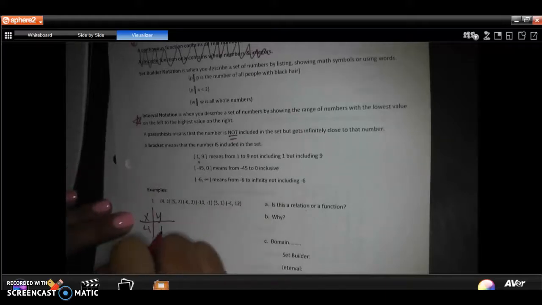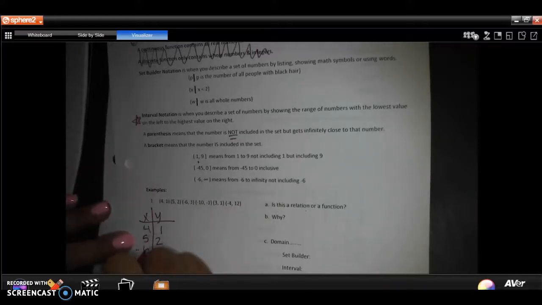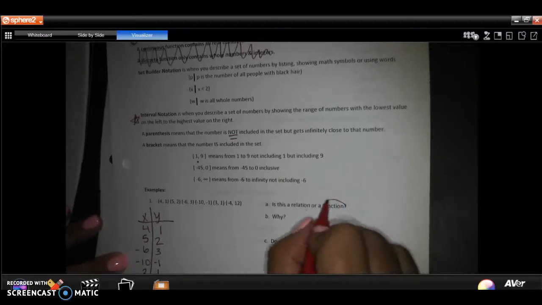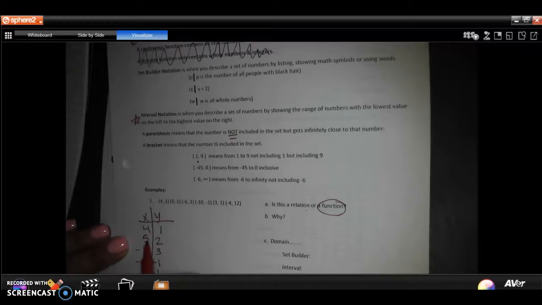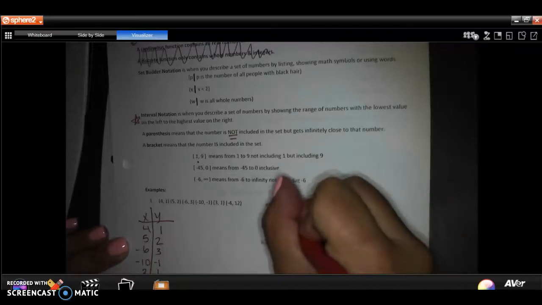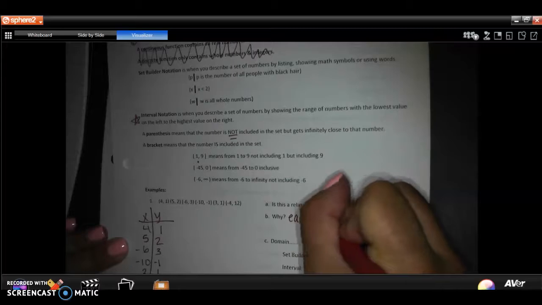So we have 4, 1; 5, 2; negative 6, 3; negative 10, negative 1; 3, 1; and negative 4, 12. So is this a function? Yes, this is a function. Why? Because each x value only has one y value. So each input has one output.